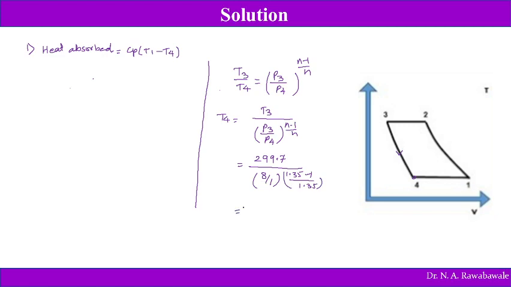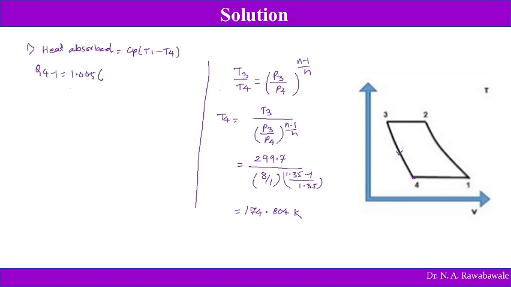If we simplify, T4 works out to 174.804 degree Kelvin.